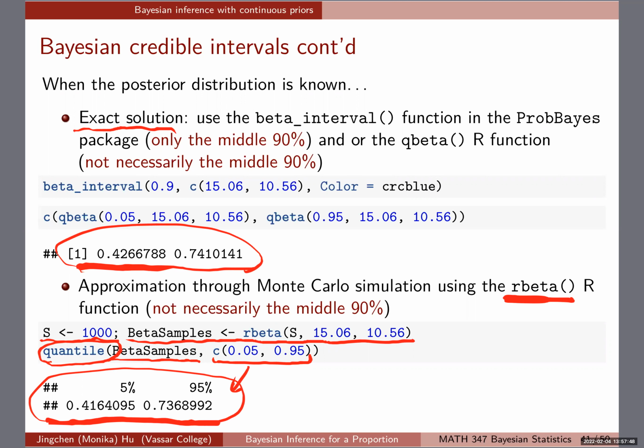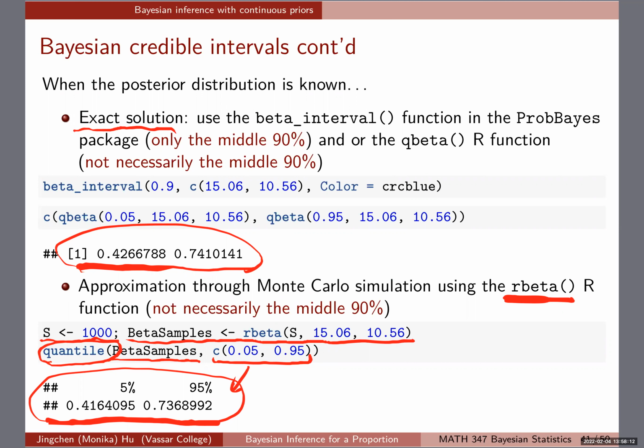So at the end of the day, if you know the posterior distribution, as we do here, you know the shape parameters for the beta. So you can either go with the exact solution or go with the Monte Carlo simulation. And this is a good way to verify that the two should get pretty close if you have large enough simulation samples.